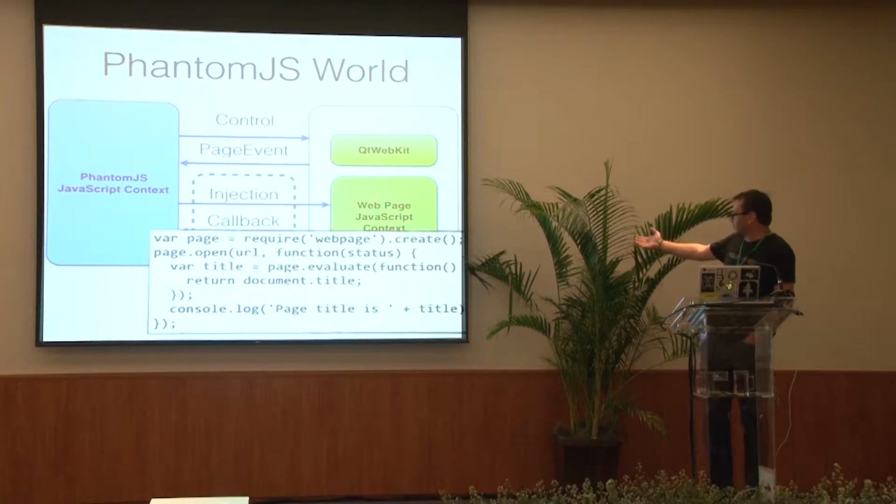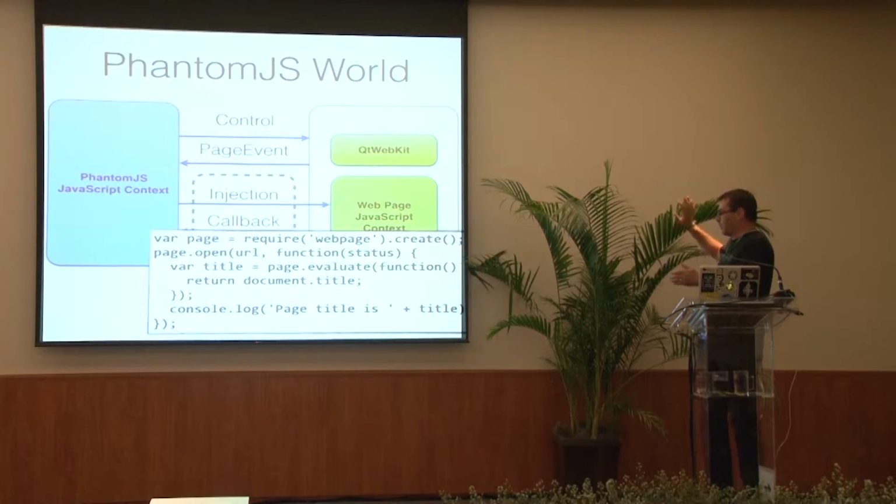In this case, once the page is opened, you evaluate document.title, which is actually executed in the web page context. Then the return value goes back to your Phantom.js context, and you get the title of the page.